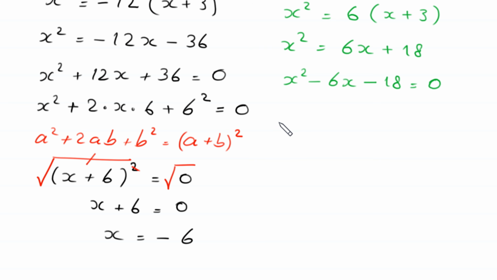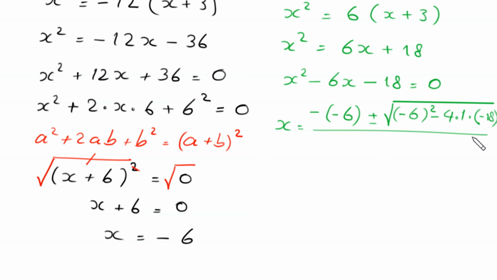According to the quadratic formula, x is equal to negative b, negative times negative 6, plus minus square root of, in place of b squared we write negative 6 squared, minus 4 times a, a is 1, times c, c is negative 18, divided by 2 times a, a is 1.